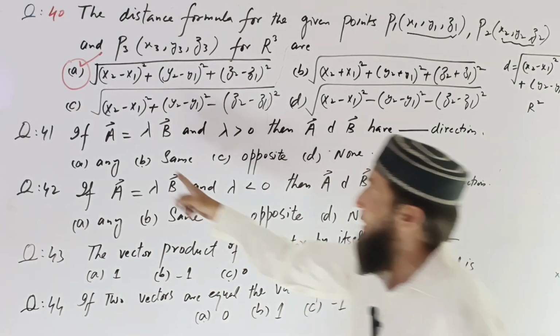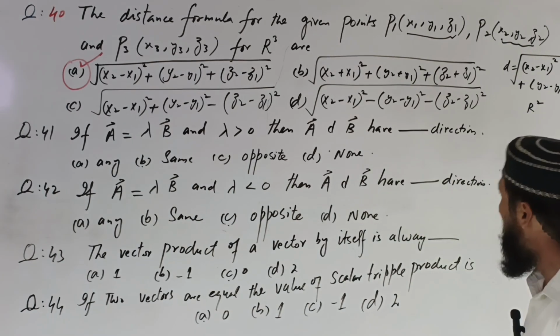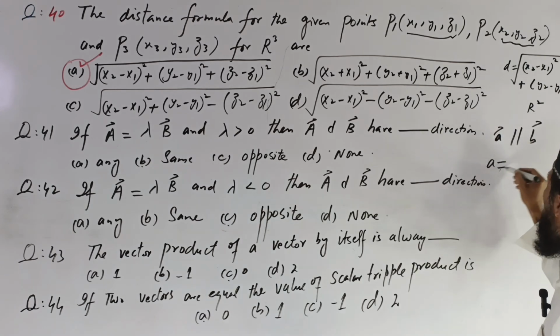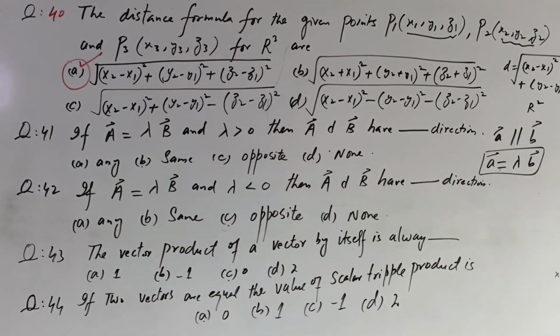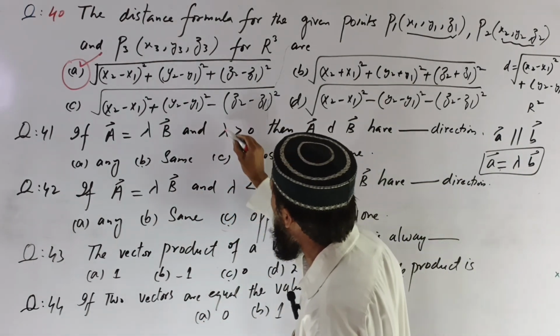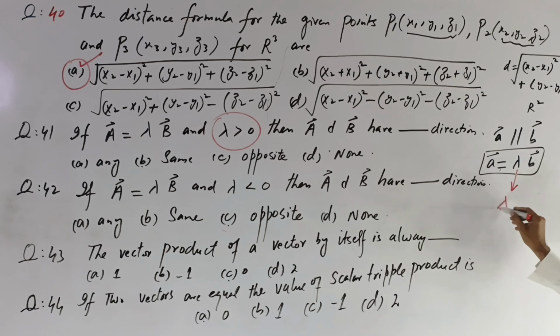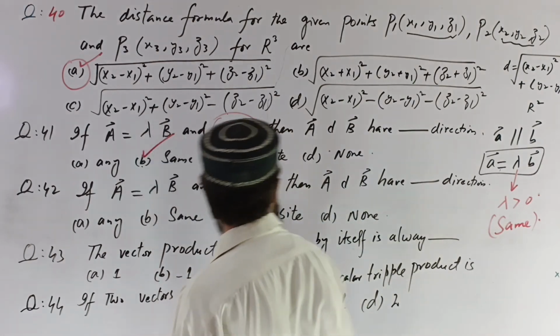This means A and B are parallel to each other, which is the definition of parallel lines: A is parallel to B, so we can write A equals lambda B. Since lambda is greater than 0, both parallel vectors are in the same direction.